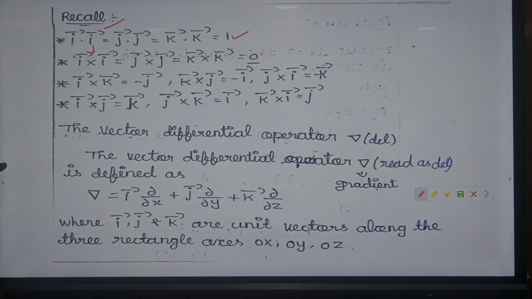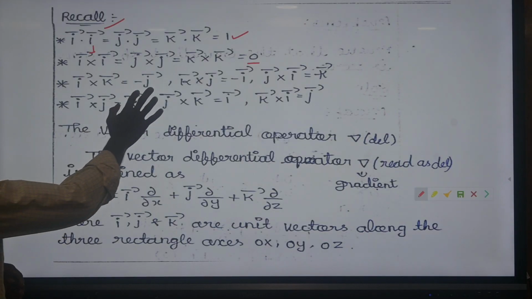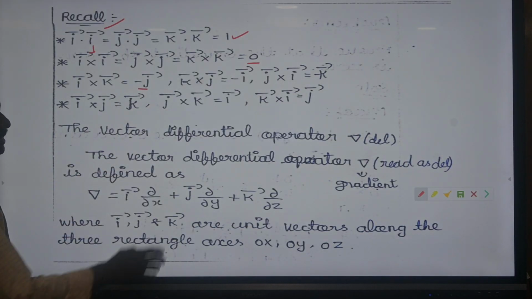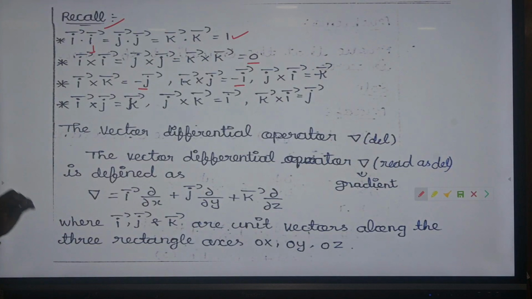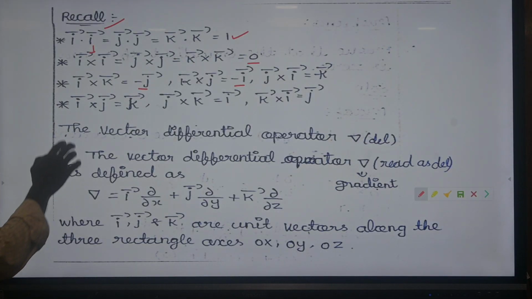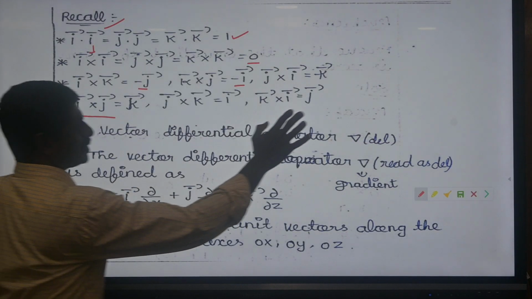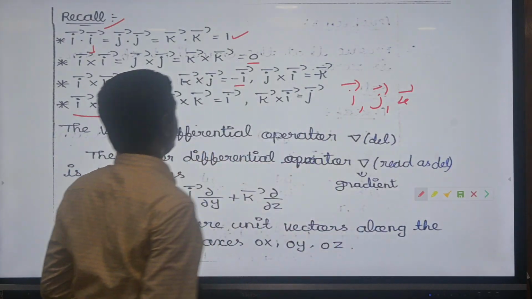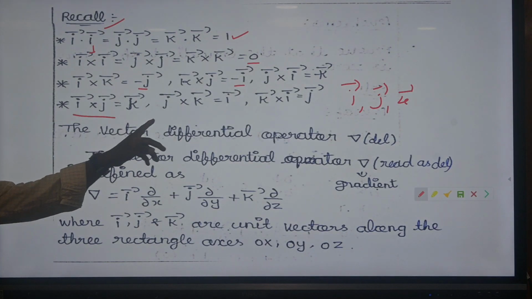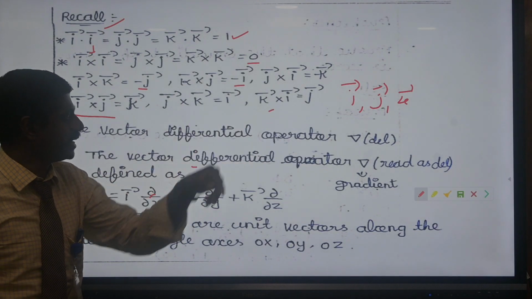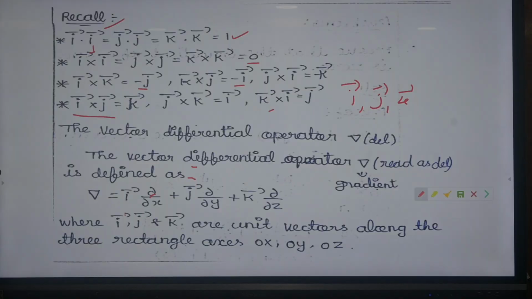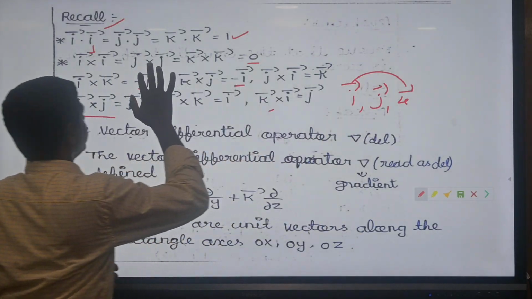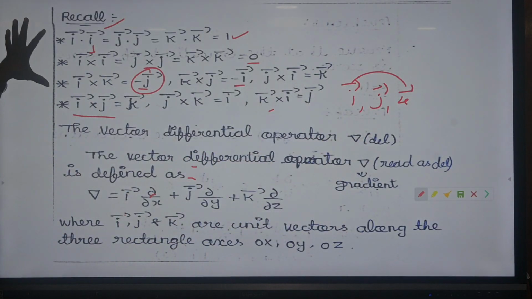And then i cross k is minus j, k cross j is minus i, j cross i is minus k. Going in the proper order i, j, k: i cross j equals k, j cross k equals i, k cross i equals j. Suppose the order is not proper, it becomes negative. So this we call the definition.